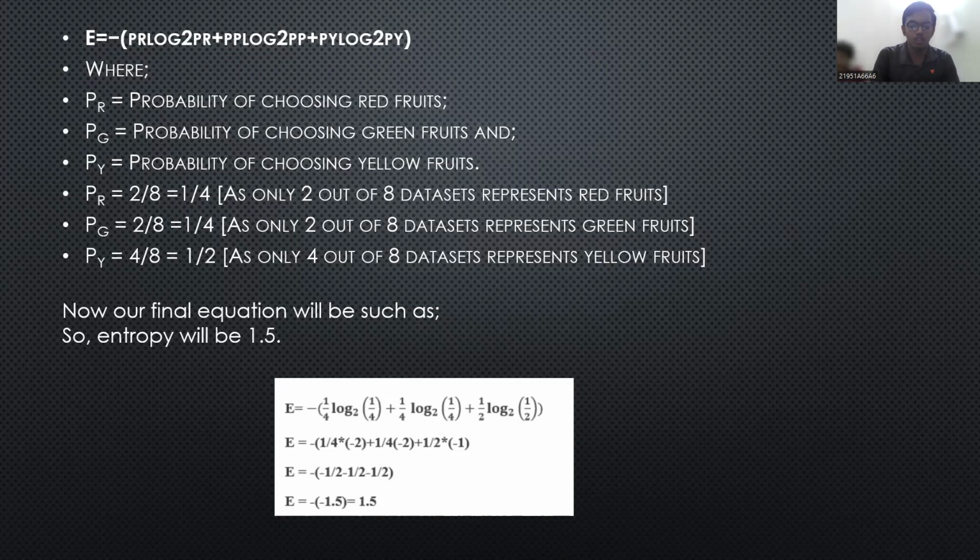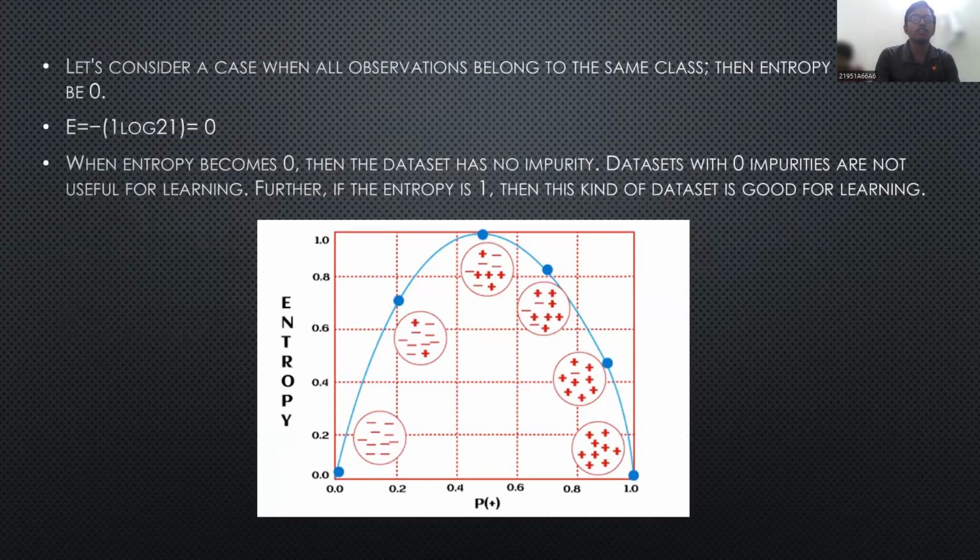E is equal to 1/4 log2 of 1/4 plus 1/4 log 1/4 plus 1/2 log 1/2, which is equal to 1/4 times minus 2 plus 1/4 times minus 2 plus 1/2 times minus 1, which is equal to minus 1/2 minus 1/2 minus 1/2, which is equal to minus of minus 1.5, equal to 1.5.